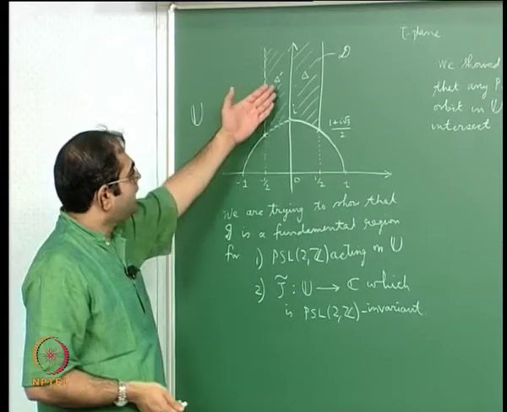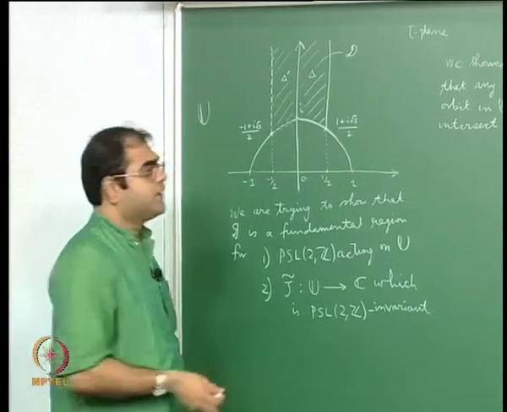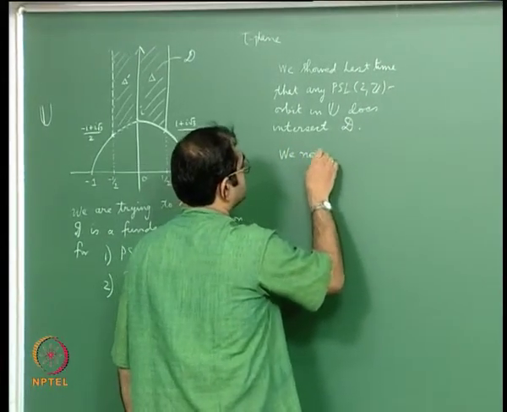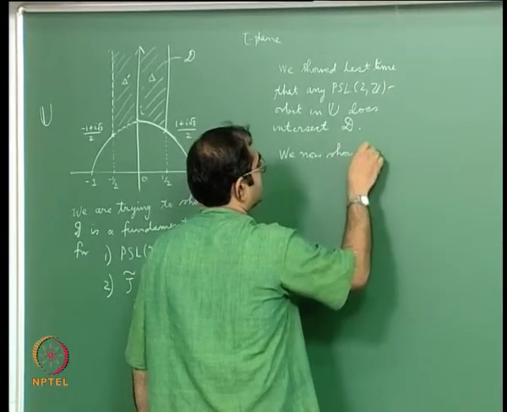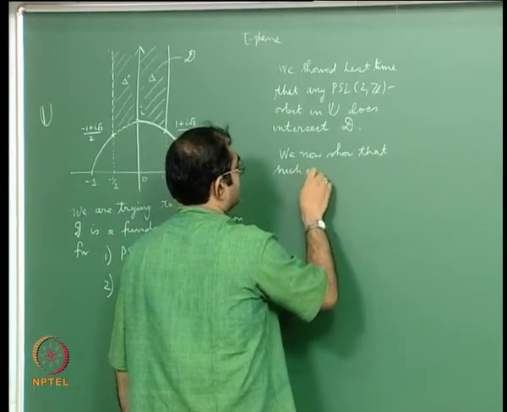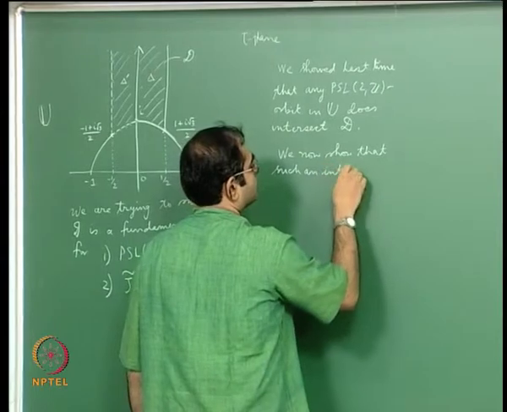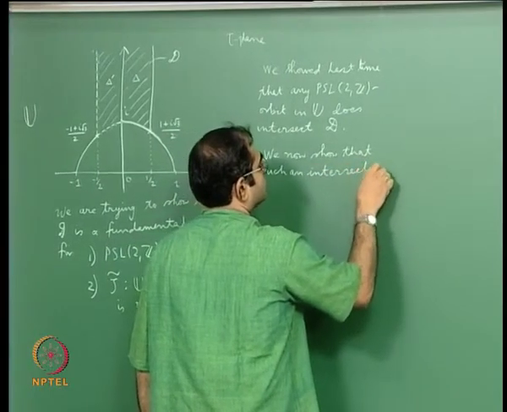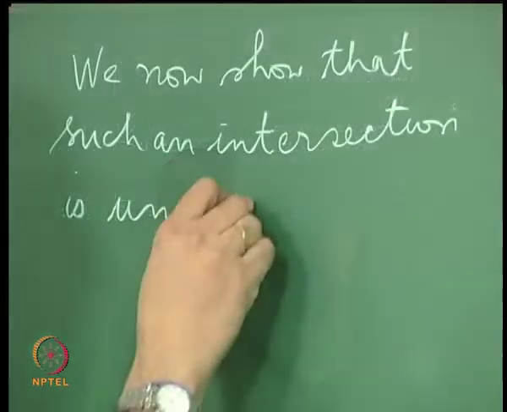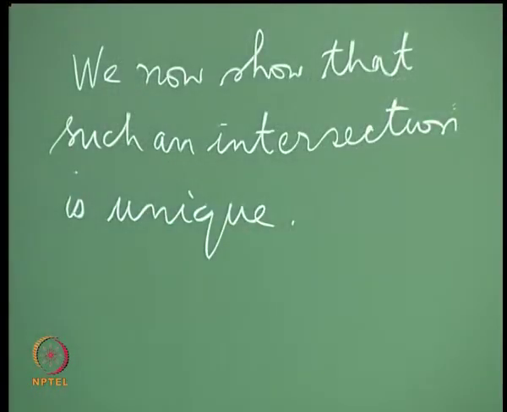So let us try to prove uniqueness. We now show that such an intersection is unique. So how does one do that?